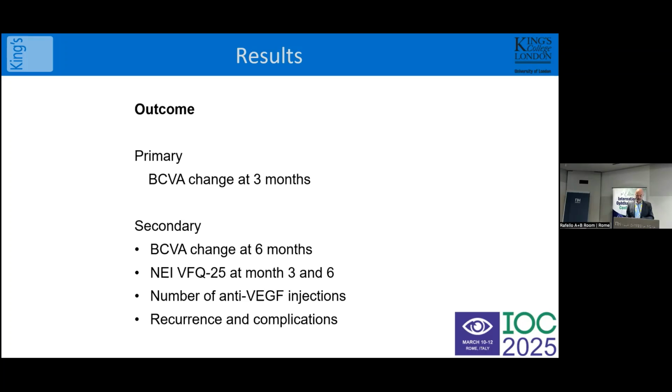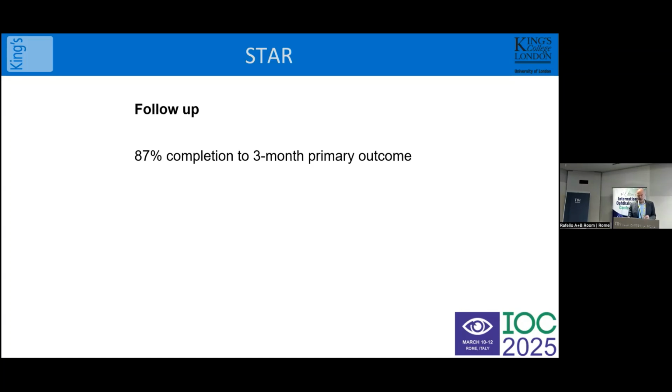Looking at the primary outcome, they went for visual acuity at 3 months, and then fairly standard secondary outcomes: visual acuity change at 6 months, the visual function questionnaire, NEI VFQ-25, number of anti-VEGF injections, and the recurrence and complications, so safety. They had 87% follow-up to 3 months, which is enough statistically, but actually that's quite a big fallout.